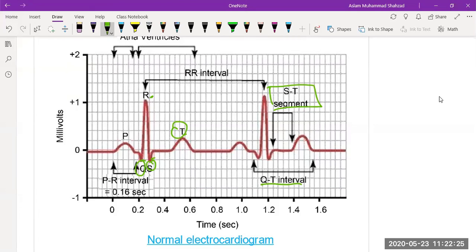Between both of them is the R interval. The type of myocardial infarction can be understood by comparing the normal electrocardiogram with the infarct electrocardiogram to diagnose which type of infarction occurs.